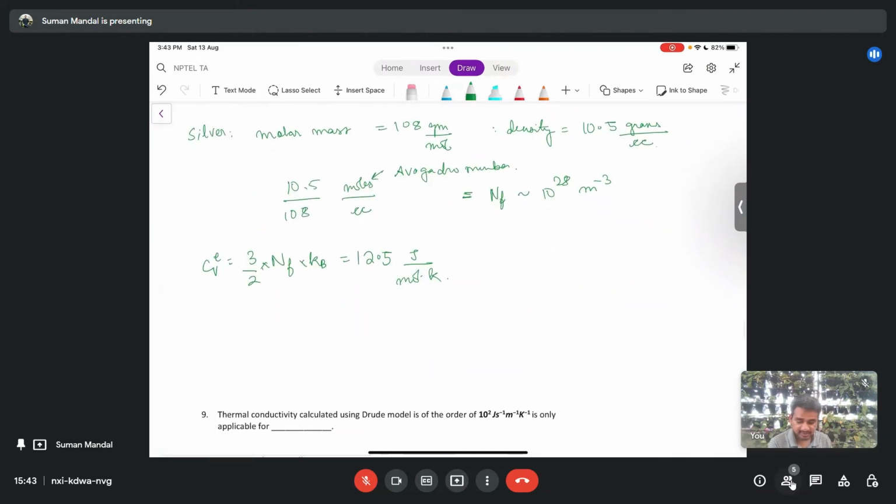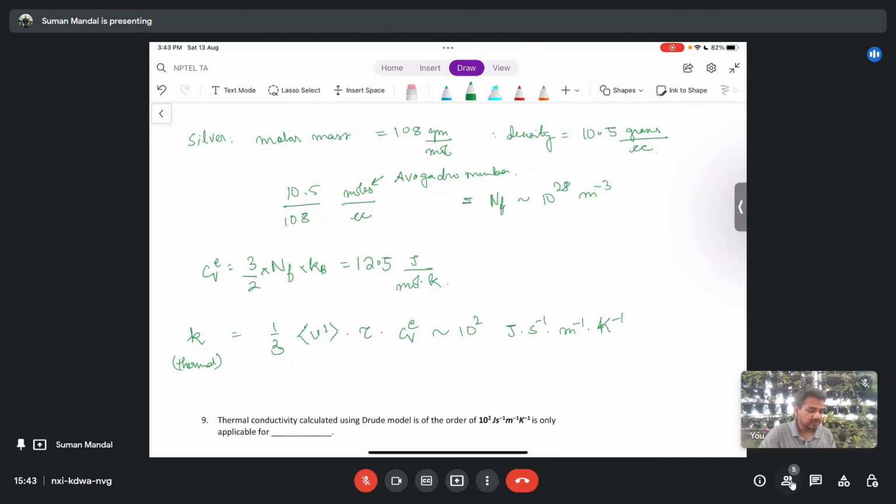Now, if we try to find out the thermal conductivity with the formula that we wrote earlier, 1 by 3 mean square velocity, then the relaxation time, the specific heat at constant volume, we get around 10 power 2 joules per second per meter per Kelvin. Now see this. We have two values here. We have the CV, which is 12.5, and thermal conductivity of 100.